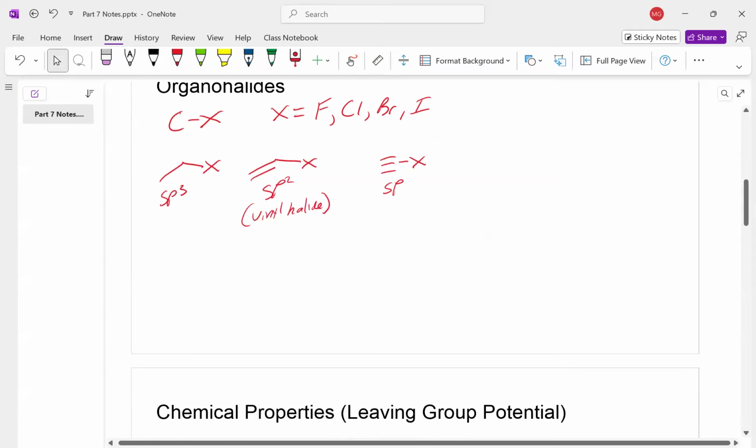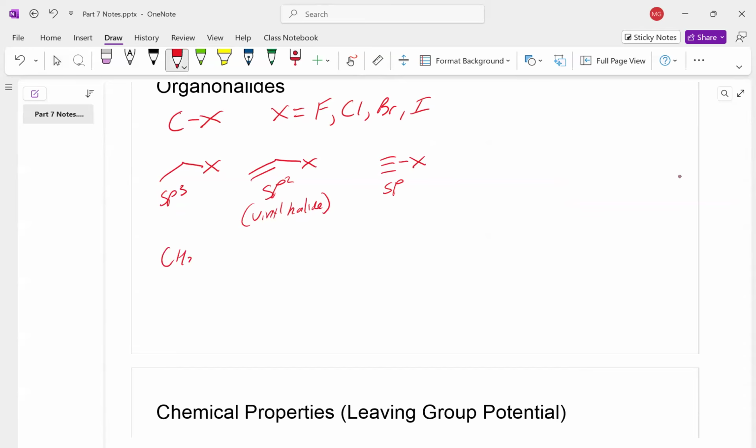And we categorize them similar to how we did with carbocations, where we could have a methyl halide, a primary halide, a secondary halide, or a tertiary halide, depending on how many carbons are directly attached to the carbon with the halogen.